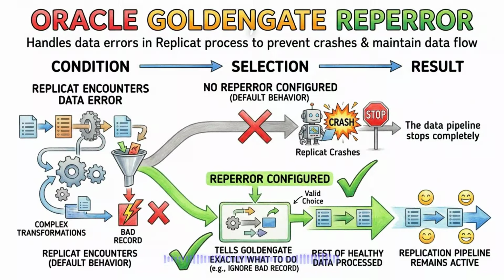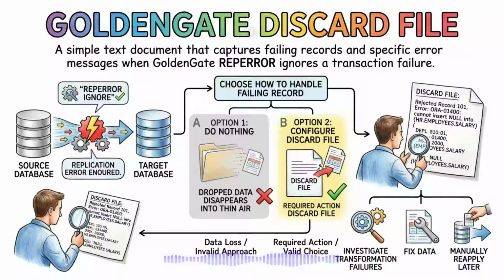in the target system. To perform these changes, you will use GoldenGate built-in string manipulation functions directly inside your COLMAP statements. One of the most common functions is strcat, which allows you to concatenate or merge multiple source columns into a single target column.